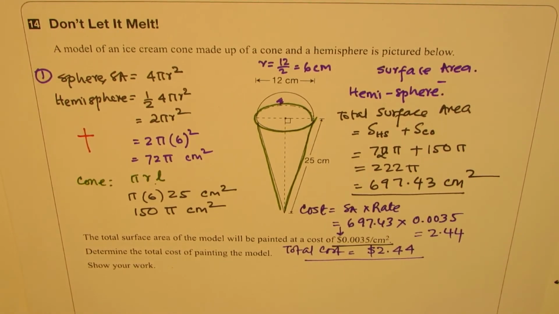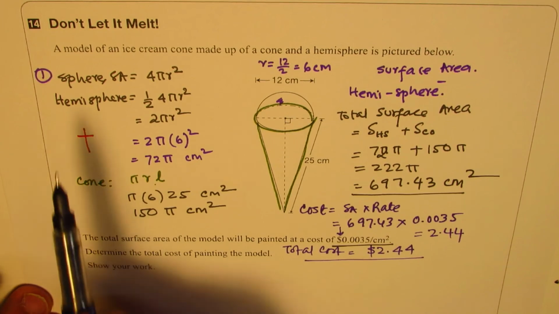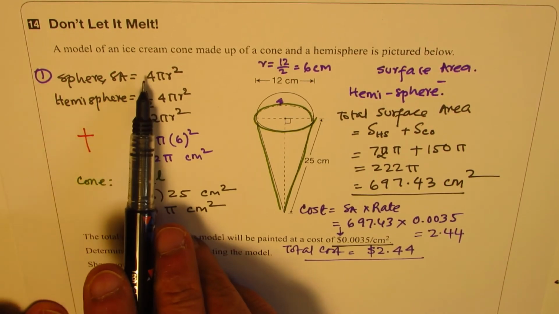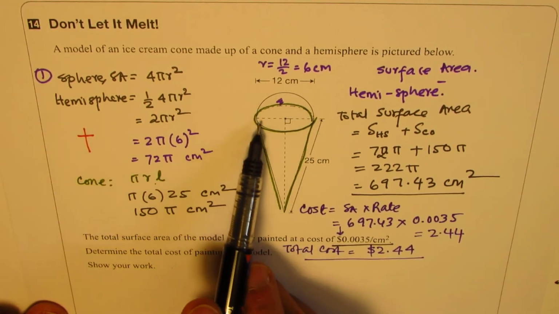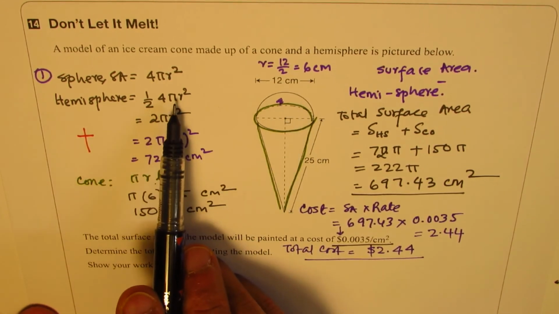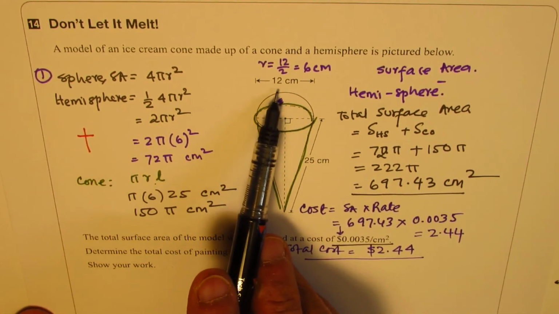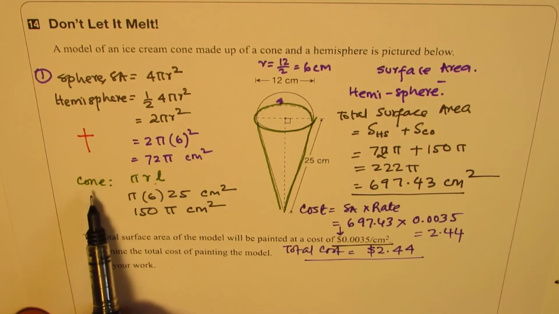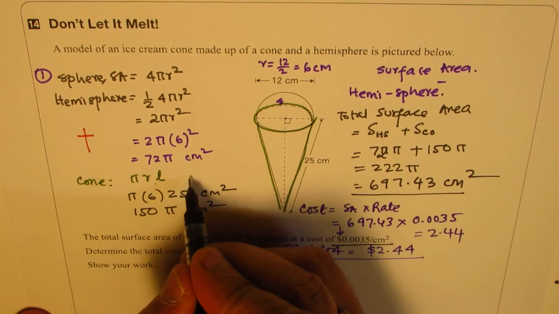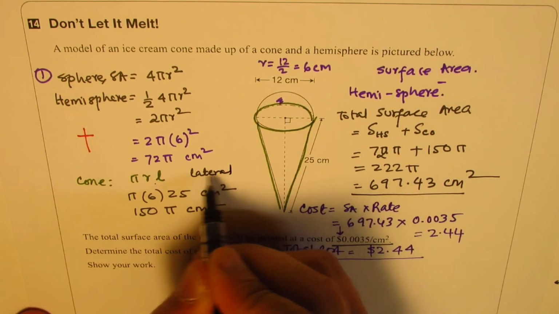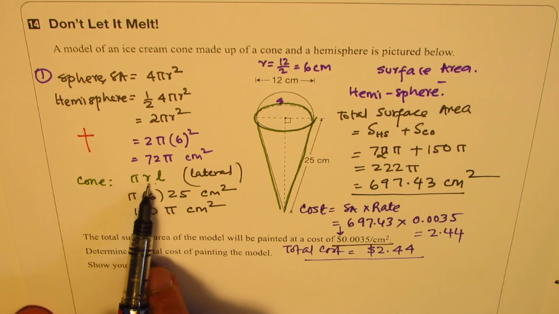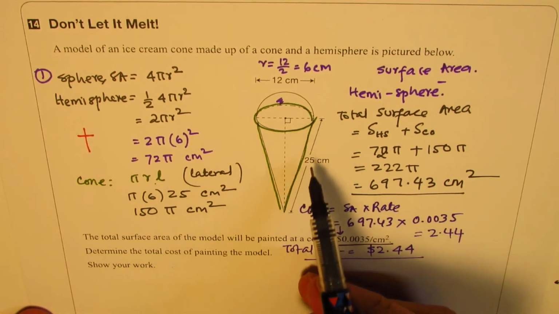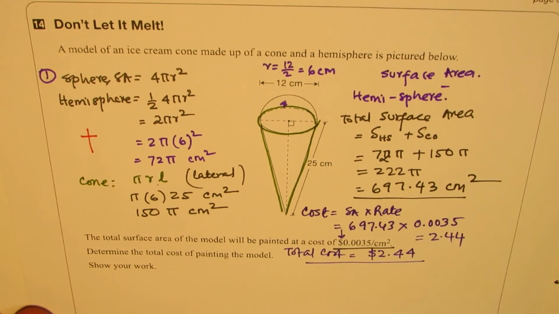I would like you to have a good look at this particular solution which we have done. What we did here was we used the formula for surface area of a sphere, which is 4 pi r square. Since it is half of it, we did half of that. Substituting the value of radius as 6, half of 12, we got 72 pi centimeter square. For cone, we are only looking for lateral area, right? Lateral surface. It is pi r L. L is given to us as 25.